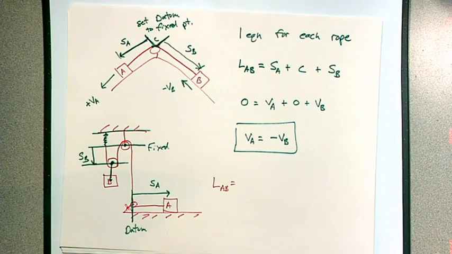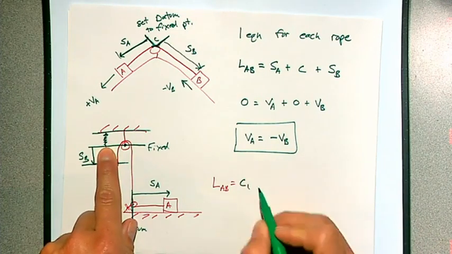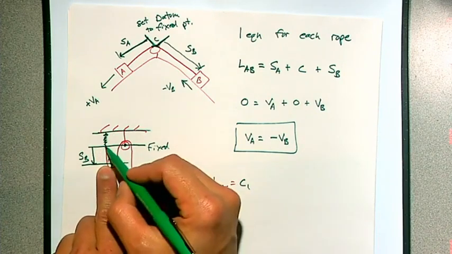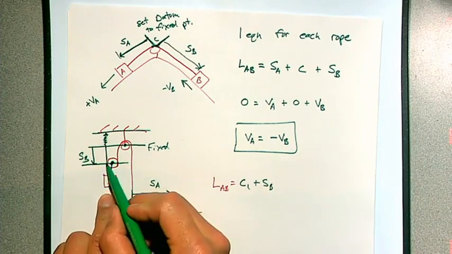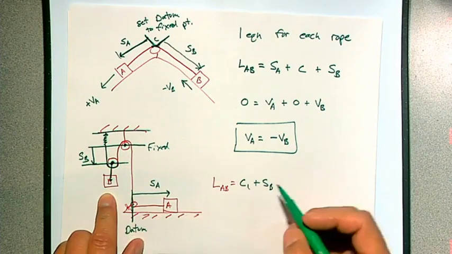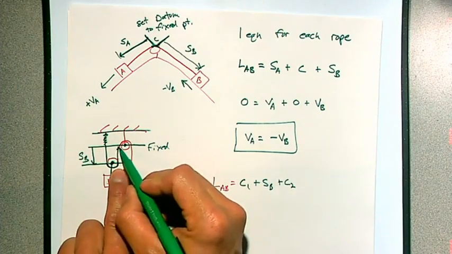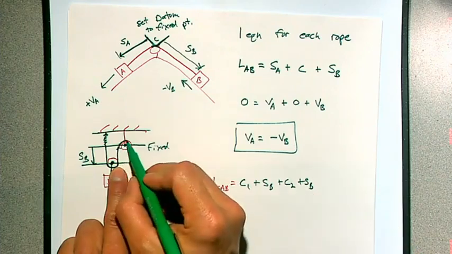So if we start working our way through this rope, what do I got? I got this first constant piece. And then I've got this section, SB. And then I'm looping over here, another constant piece. And then I'm going back up, SB. And then I have a constant piece.